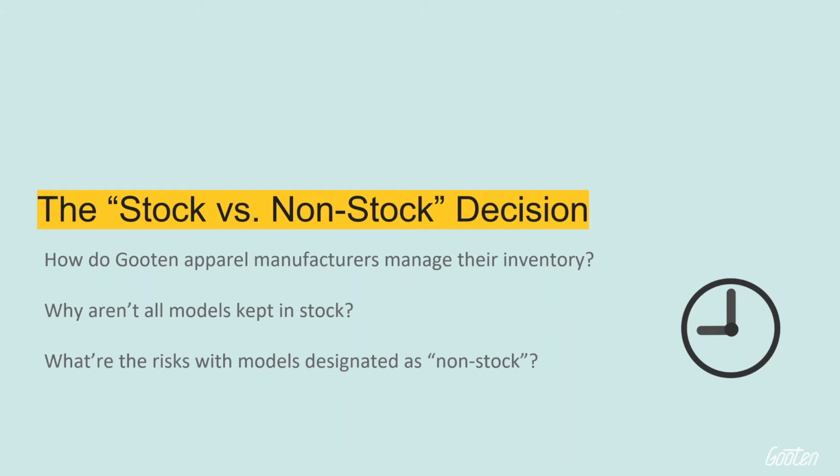Stock lists are bin SKUs or blanks that are available at the vendor's warehouse, whereas non-stock SKUs or blanks are the ones that they order on demand as soon as the order hits their system. So that would be the main difference and the reason why we would have these two categories.